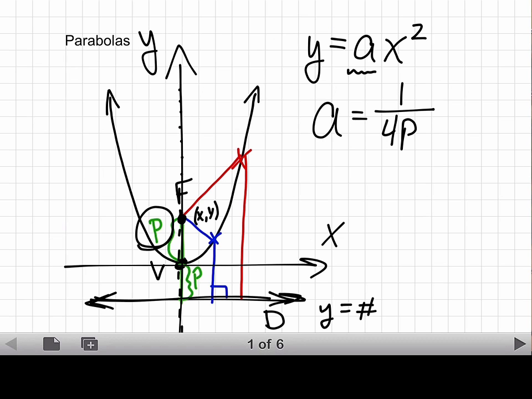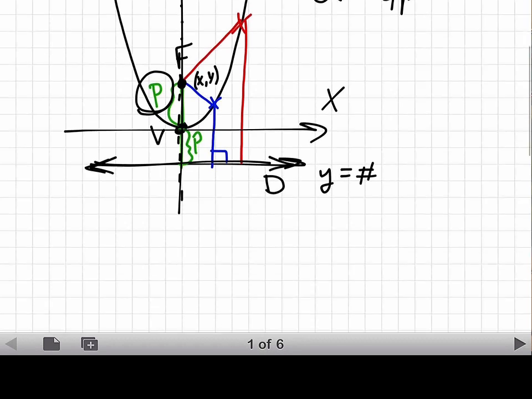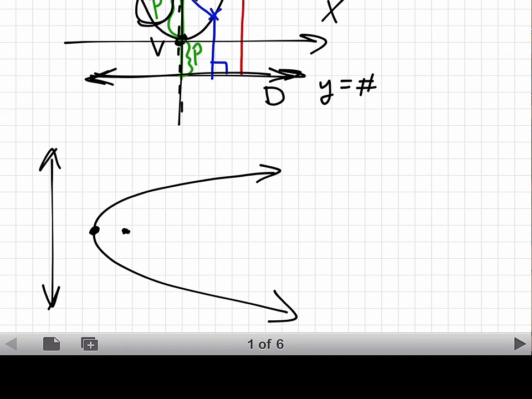Parabolas could also be oriented horizontally, in which case they would still have a focus, a vertex, and a directrix. But the directrix would be a vertical line, and so would have the equation x equals some number. The axis of symmetry would be a horizontal line.